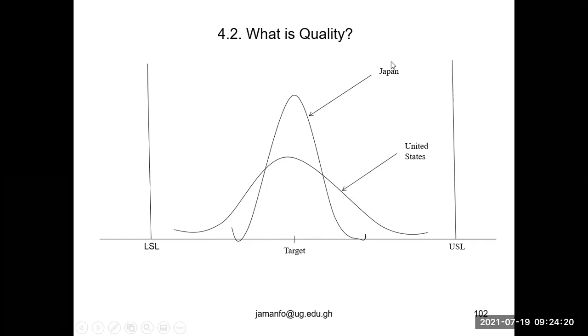So this was the Japanese manufacturer or supplier. This was the United States domestic plants. So you see, if you look at the standard deviation here, the deviation from the mean is quite low compared to the United States one.